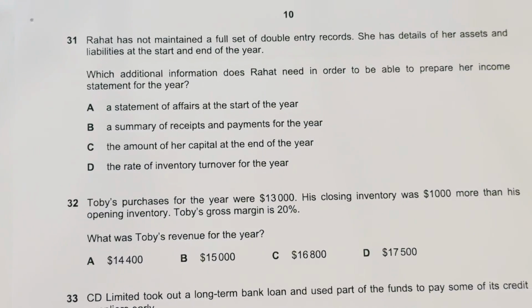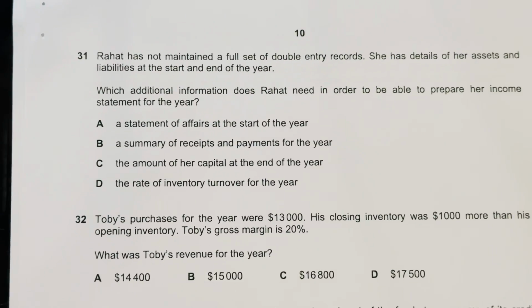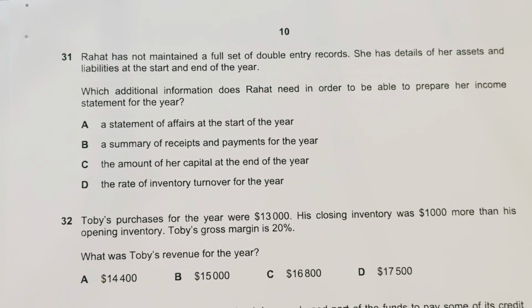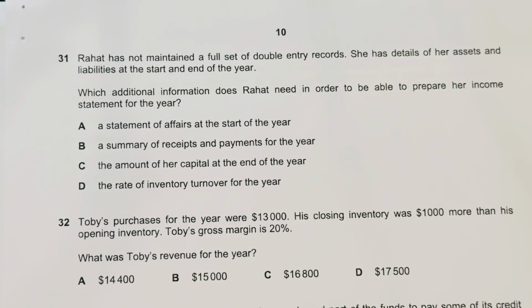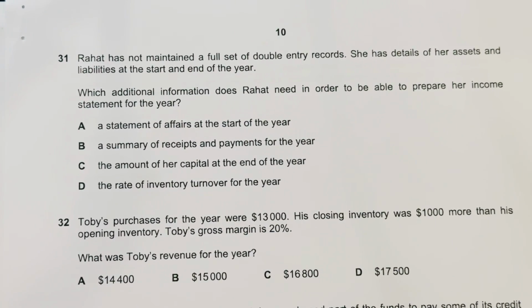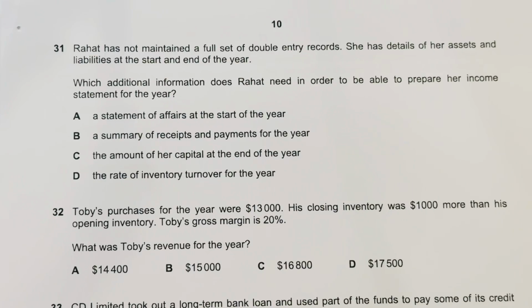And be prepared, questions number 32 and 34 are grade barrier or distinction questions. These are challenging questions. First, we will solve question number 31. Rahat has maintained a full set of double entry records. She has details of all assets and liabilities at the start and end of the year.